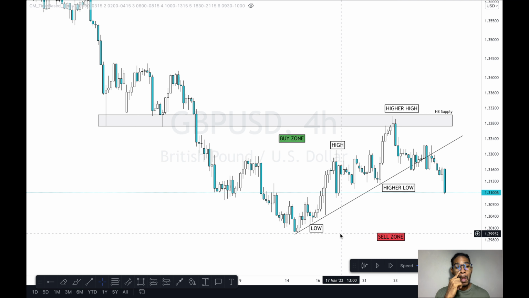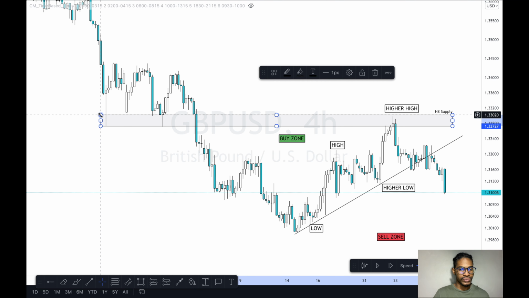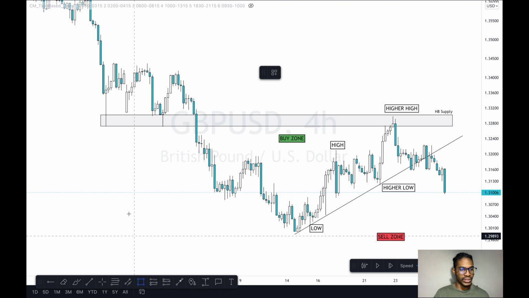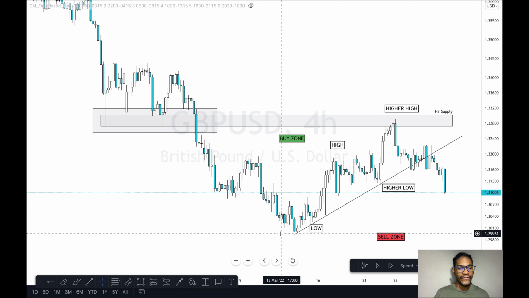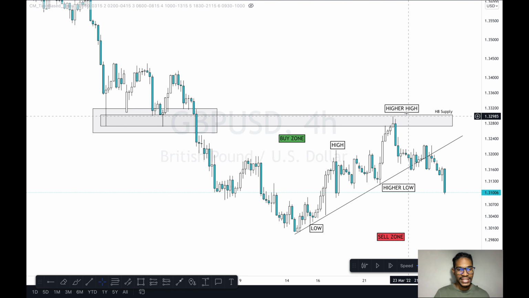However, this level that I drew was H8 demand. If you take a closer look here, this was a demand zone that price broke out of. However, it was retested and respected, now converting it to supply.